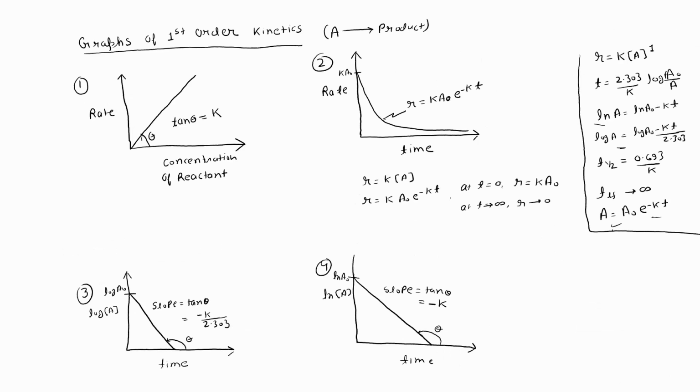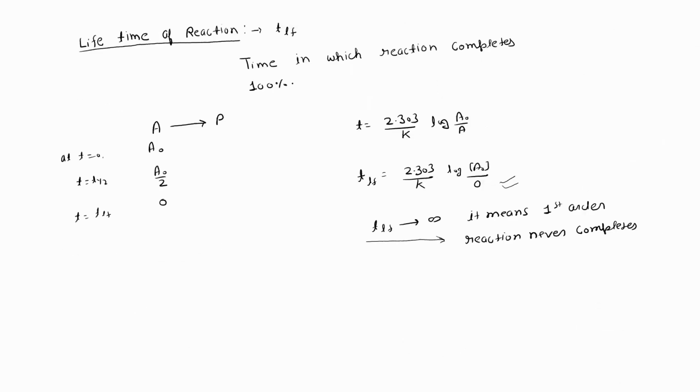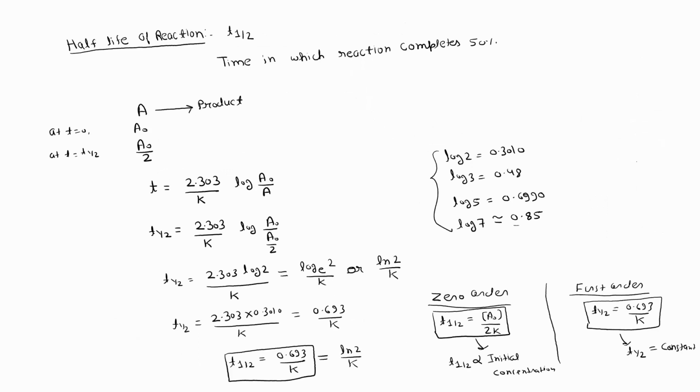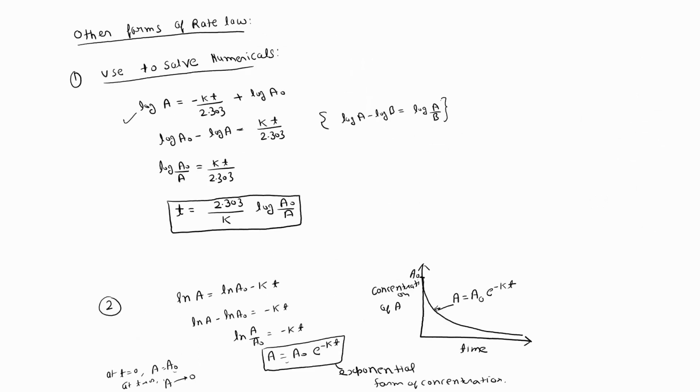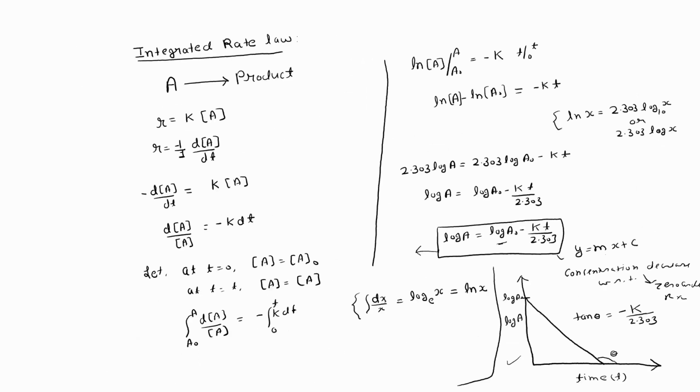So these are the important graphs, and we have the lifetime, half life, and all the forms of first order kinetics, and how to get the integrated rate law. The method is simple. Rate is given for the first order reaction, and from the first lecture of chemical kinetics we know how to write a rate in terms of stoichiometry and instantaneous rate law.